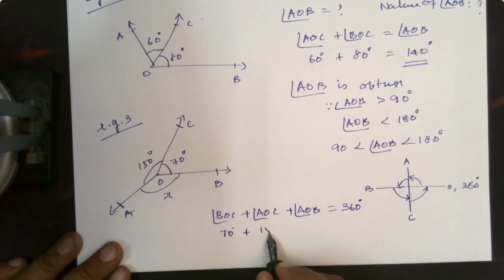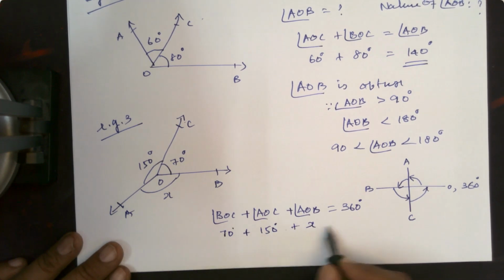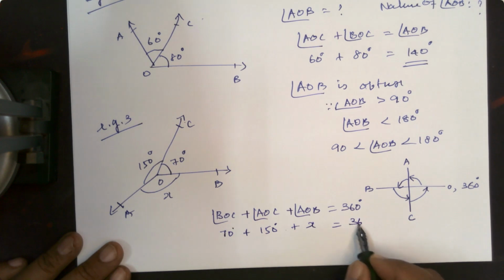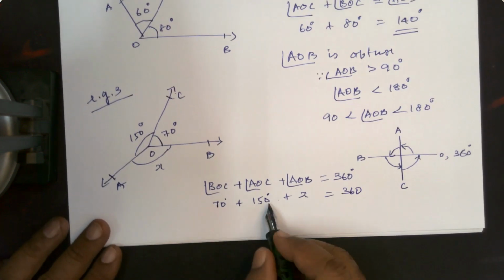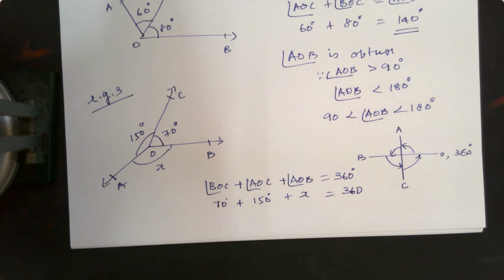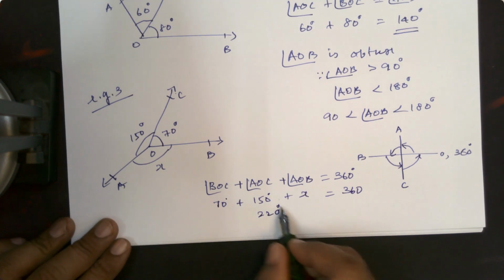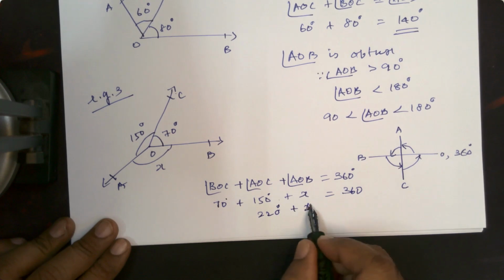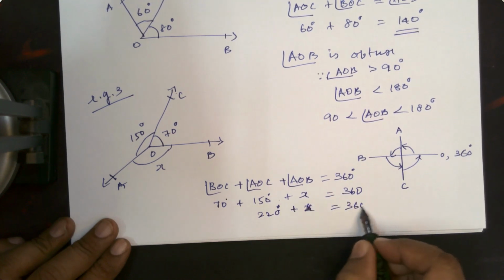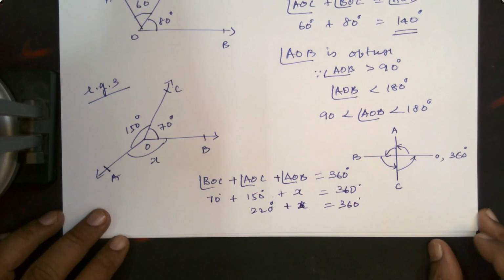AOC 150 degrees. AOB is given as X, you have to find out. So 150 plus 70, how much? 220 degrees plus X is equal to 360 degrees, right?